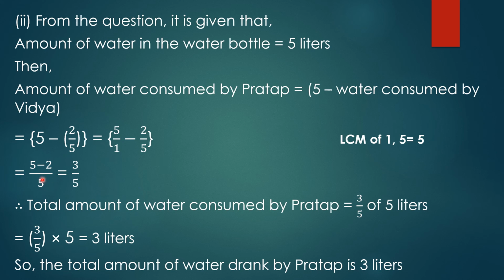Therefore, this will become 5 minus 2 divided by 5 equals 3 by 5. The total amount of water consumed by Pratap is 3 by 5 of 5 liters. So this is the required answer because we have to mention it in terms of fractions. If we want to convert this into a number, 3 by 5 into 5 equals 3 liters, because 5 and 5 will get cancelled with each other. Therefore 3 liters is the total amount of water drunk by Pratap.